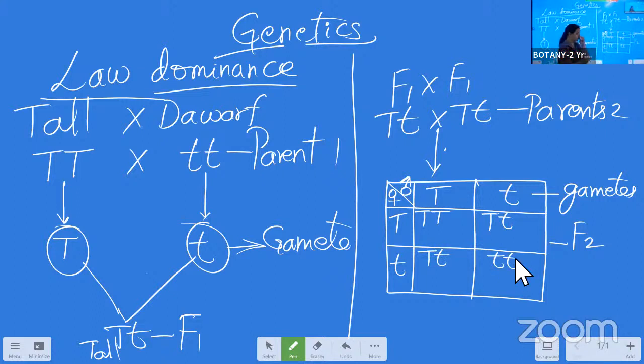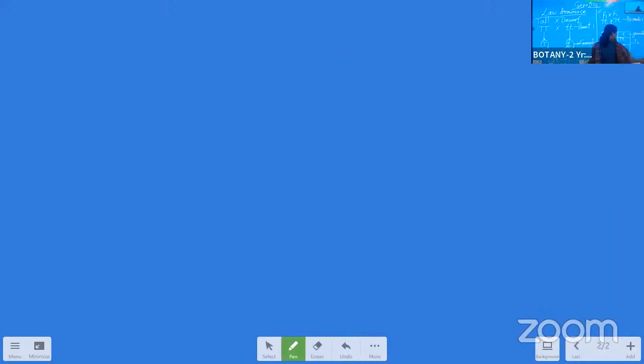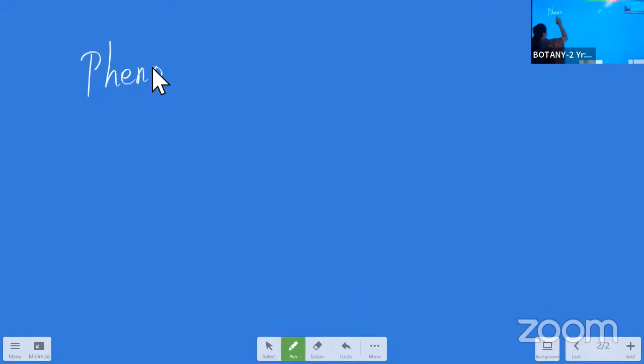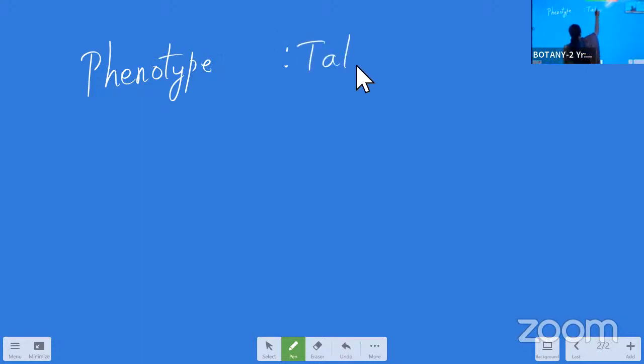Okay. So in this, what is the phenotypic and the genotypic? Phenotype. Below that Punnett square picture, we have to write the phenotype of the F2 generation. Tall and the dwarf plants we can see over there, isn't it?